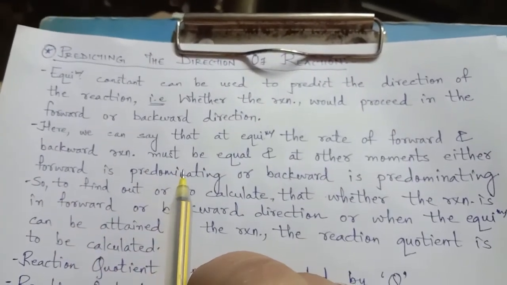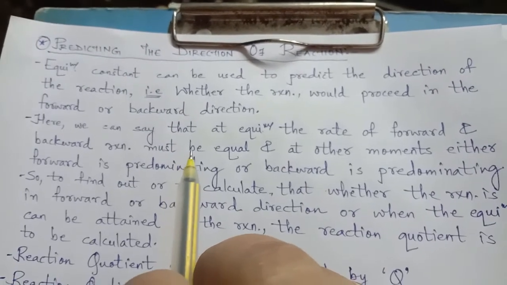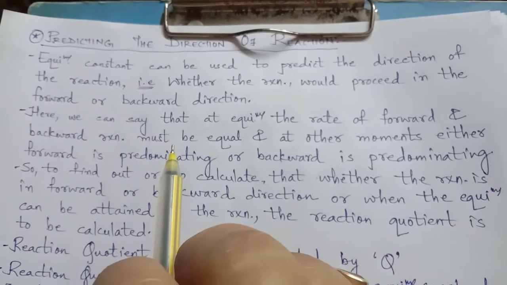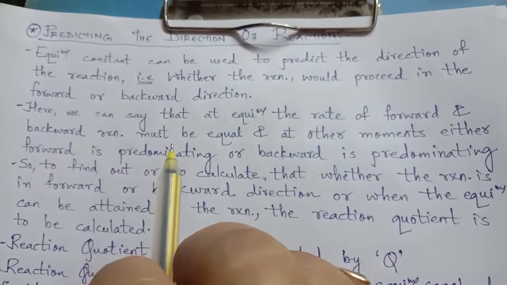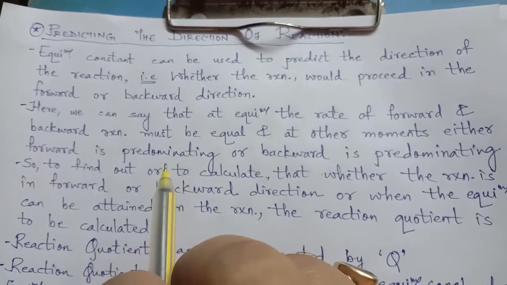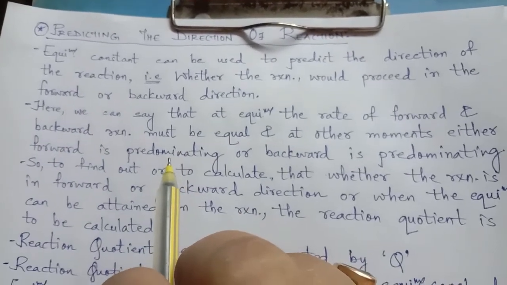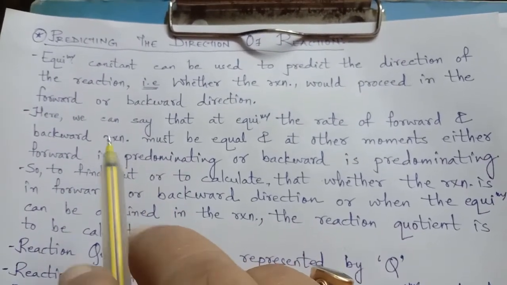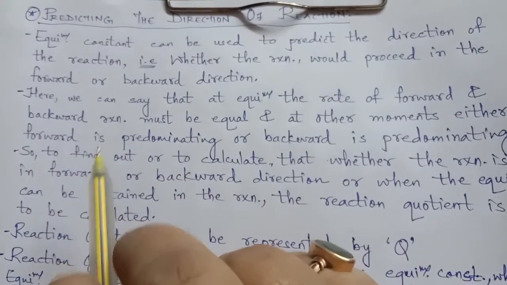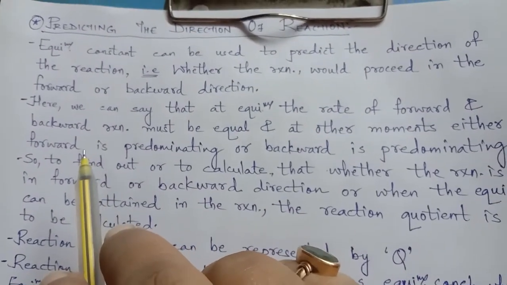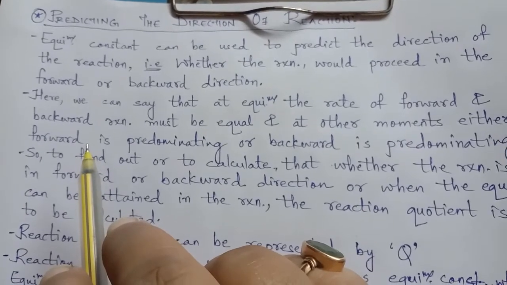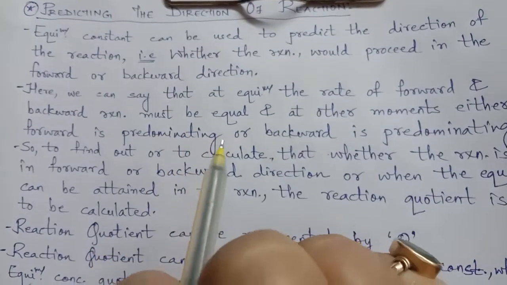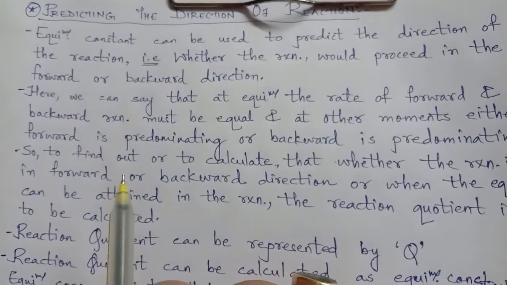So here also we can say that at equilibrium the rate of the forward and backward reaction is the same, and if not at equilibrium, then at some other particular point, forward is predominating or backward is predominating. That means if the concentration of reactants is more, then the forward reaction will predominate. And if the concentration of products is more, then the backward reaction will be predominant.